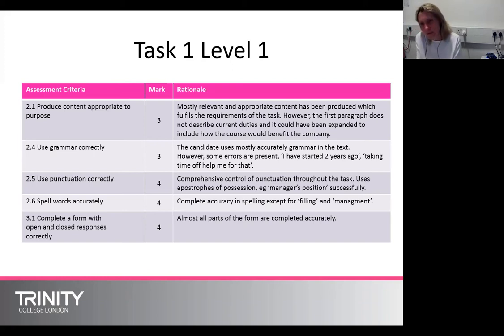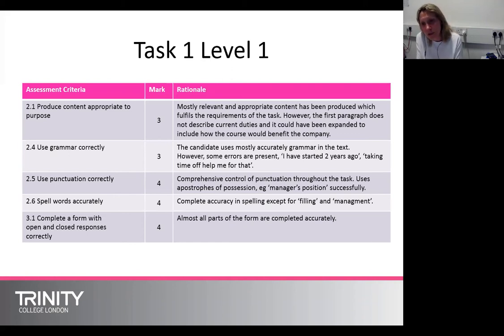They are used fairly consistently, but there are some errors present in the text. So a range of level 1, several features of that amplification in terms of grammatical items, and used fairly consistently.